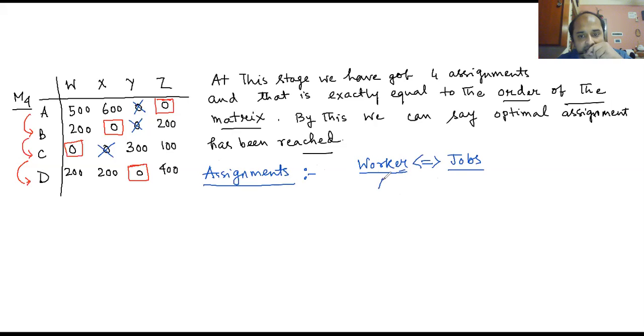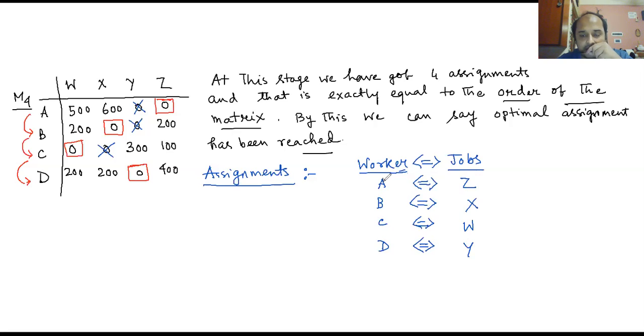So workers are A, B, C, and D, and jobs. Now A is assigned to what? A is assigned to Z. B is assigned to X. C is assigned to W, and D is assigned to Y.